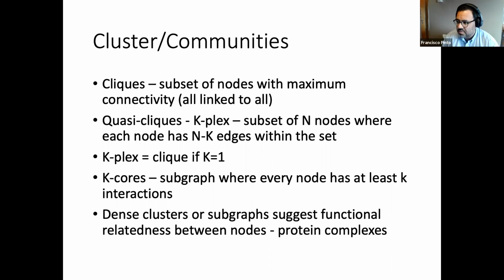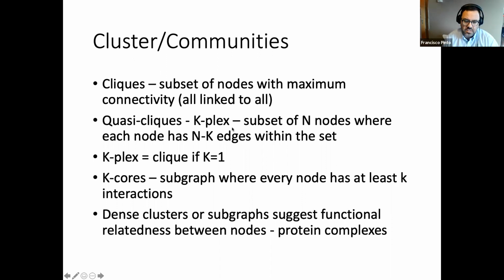So they are not cliques, but they are almost cliques. They are called K-plex sets. And that means that a K-plex is a subset of nodes composed of n nodes, and it is a K-plex if all those n nodes have at least n minus k edges within the set.